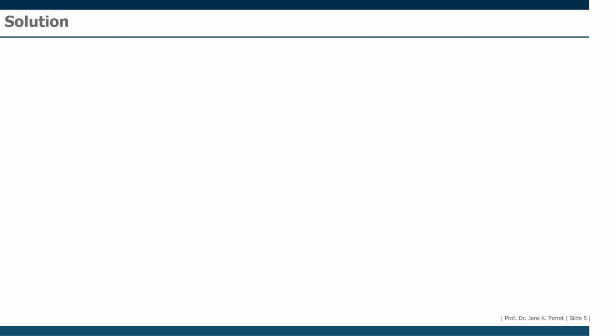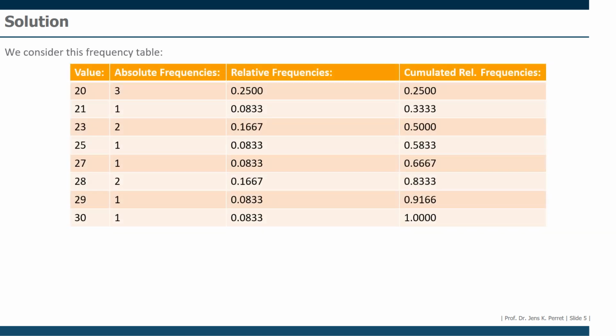So if we continue with part B, with the mode, we can do this in different fashions. Here I'm going to use the frequency table because the frequency table lists directly in this column the absolute frequencies. So I can simply take a look which entry or entries has the largest value. So here it's the 3.